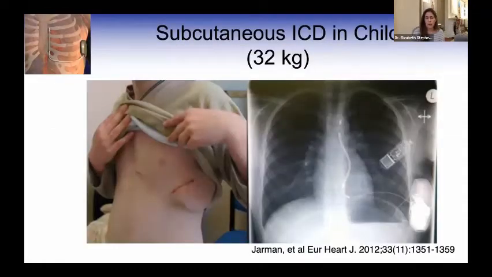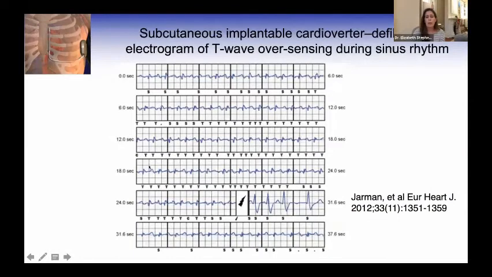This is what the device can look like in our smallest patients, and you can see there's a tremendous amount of tension on the skin here. This is the first generation device, which is a bit bigger than the current generation, seen in a 32 kilogram child.